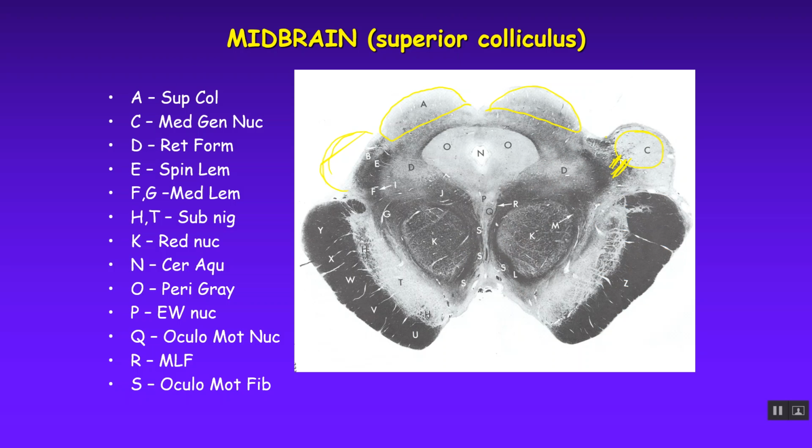D, reticular formation. In the midbrain, this whole region in here is considered reticular formation, and that's where we can divide it into longitudinal zones.